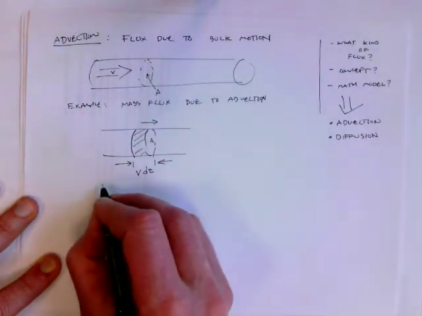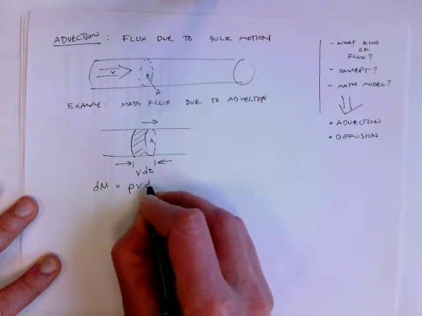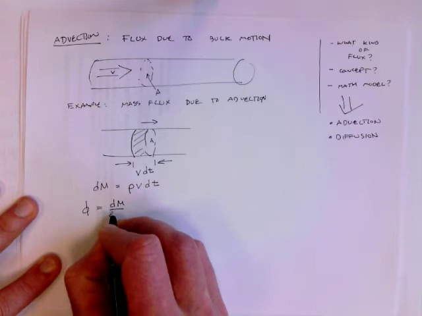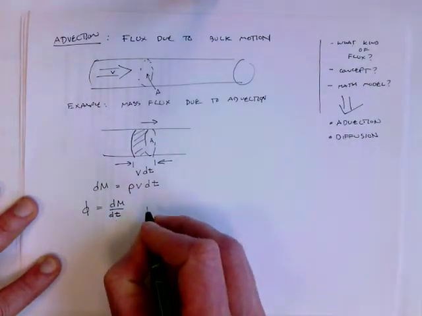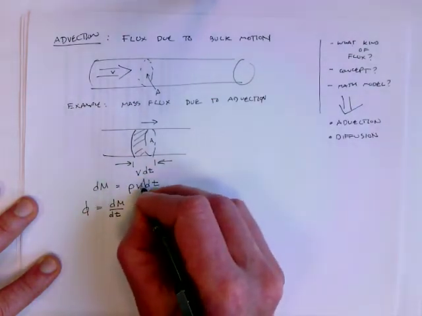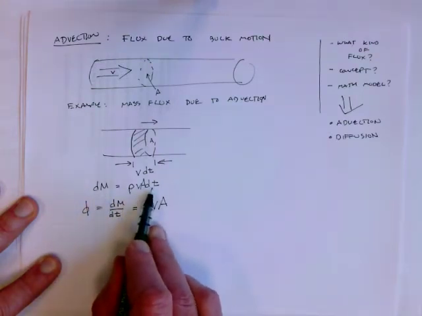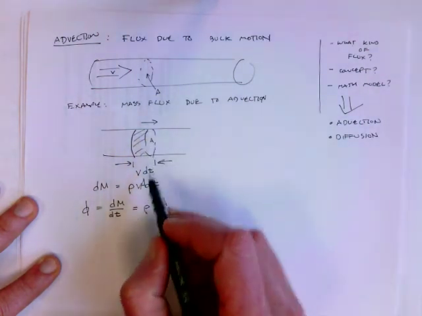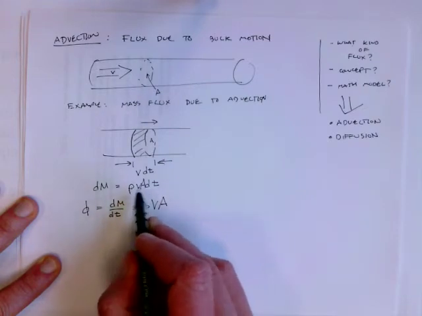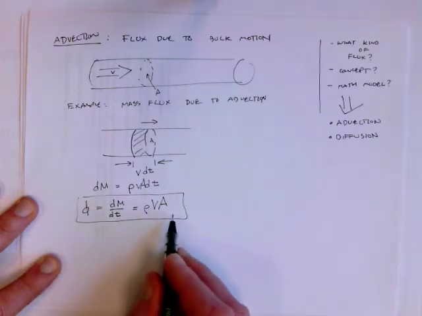So the differential mass you get is simply the mass density times the velocity times dt, and I forgot an area here, times the area. The velocity times dt is this length, times the area tells me the volume of the hockey puck. Volume times the density tells me the mass of the hockey puck. So the flux, the amount of mass passing through that surface per unit time, is rho times the velocity times the area.